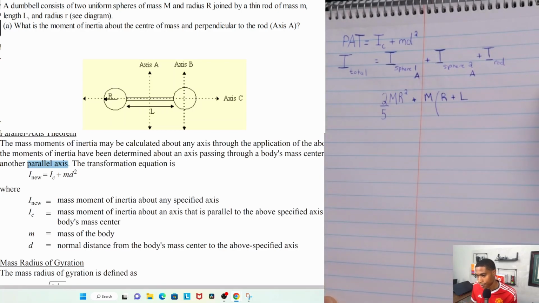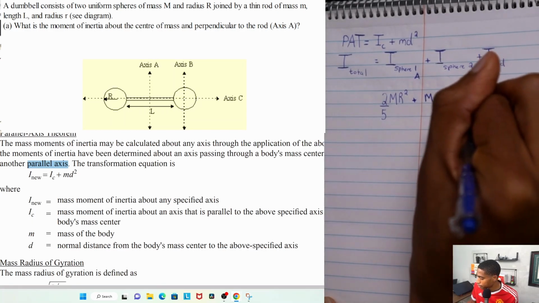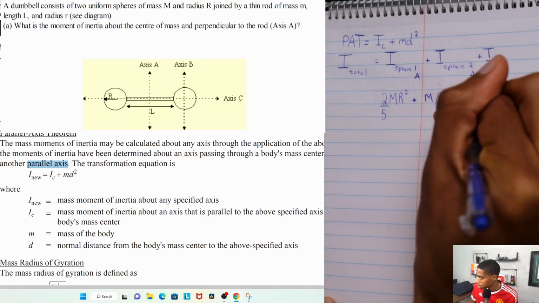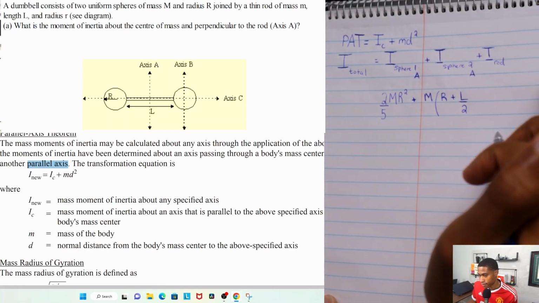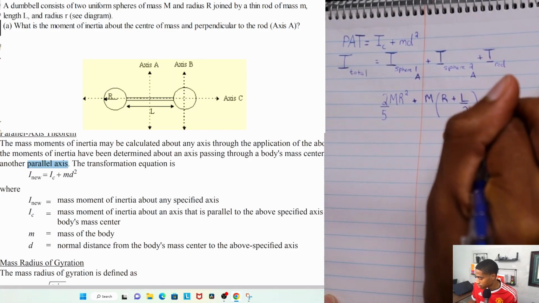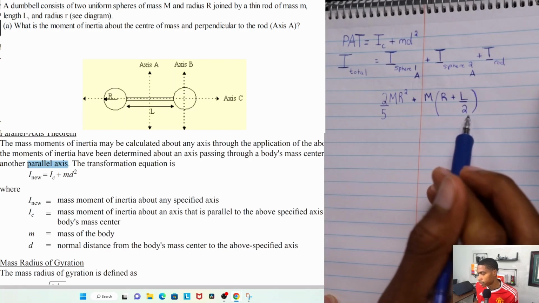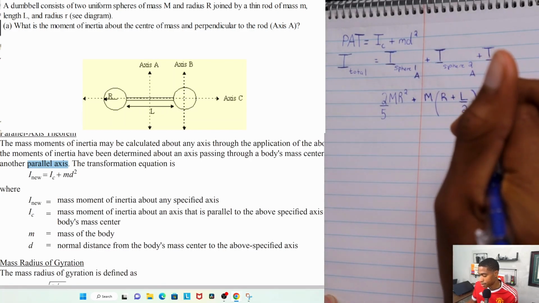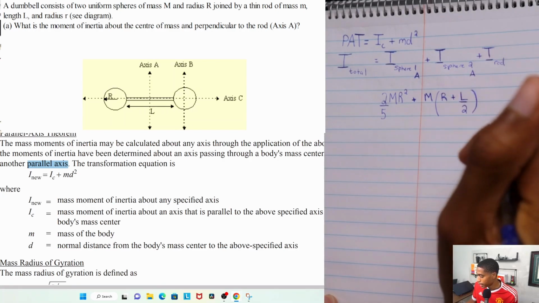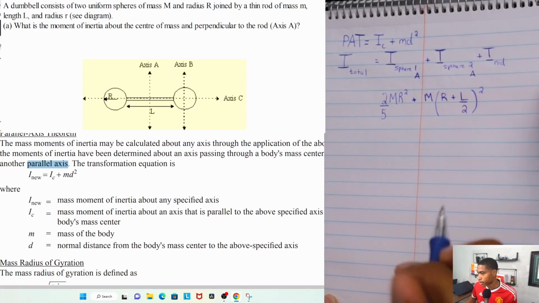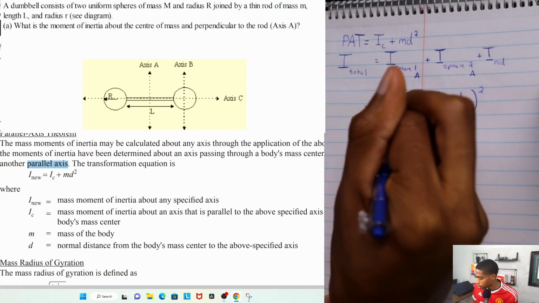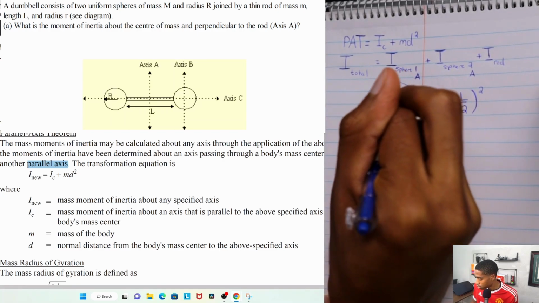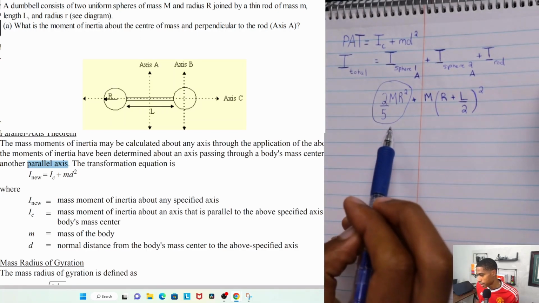But if I just add the length, I'm going to be at the edge of the other sphere. So I've gone past my x-axis. So I need to divide that length by 2 to go from the center of my sphere to my x-axis. Okay. So this in parentheses, the R plus L over 2, that is my d, my normal distance. And then we have to square it. All right. And so if you're a little confused, this portion that I circled is my I sub c.